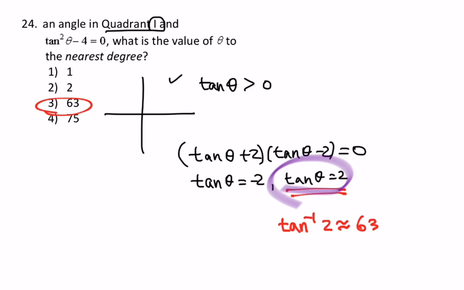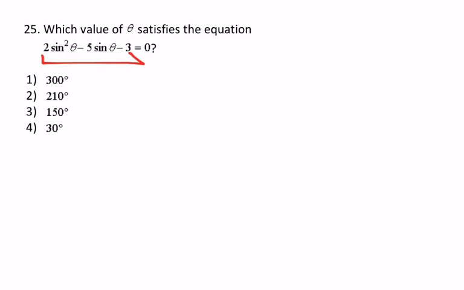Now let's look at number 25. When you solve for the angle here, first you need to factor, or you can even use the quadratic formula if you choose to do so. Alright, so I'm just going to factor. So multiply first number by last number, which is negative 6. Now, which two numbers multiply to negative 6 but add up to negative 5, which is the middle number? Yes, it will be negative 6 and 1.